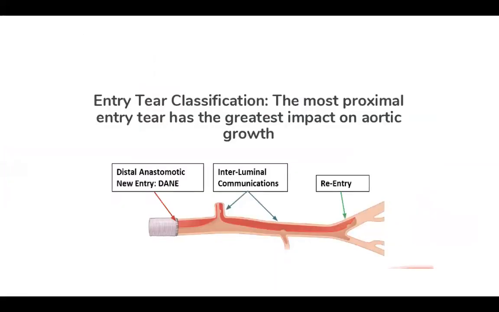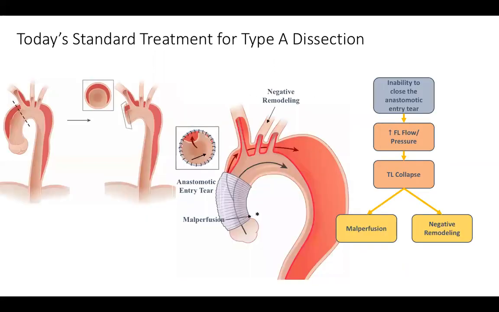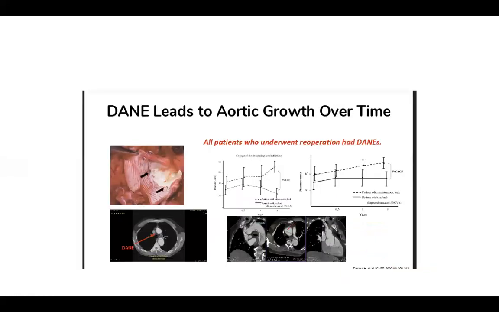So again, we discussed it, and it's a relatively new concept. We call it DANE, the distal anastomotic new entry tear. It's a relatively newer concept in aortic surgery, and I think it's a real physiologic anatomic thing that's been demonstrated.